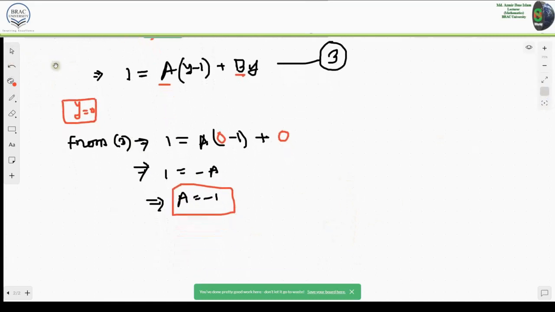Let's find the second constant b by inputting y equal to 1.